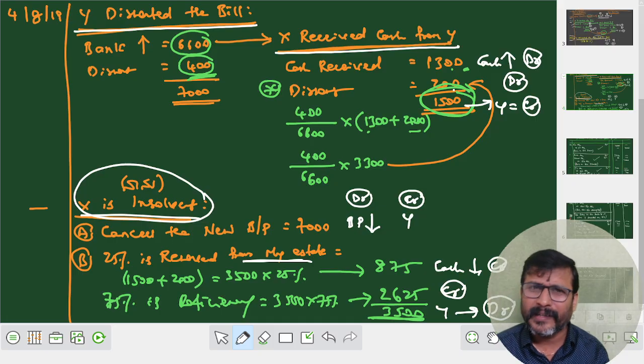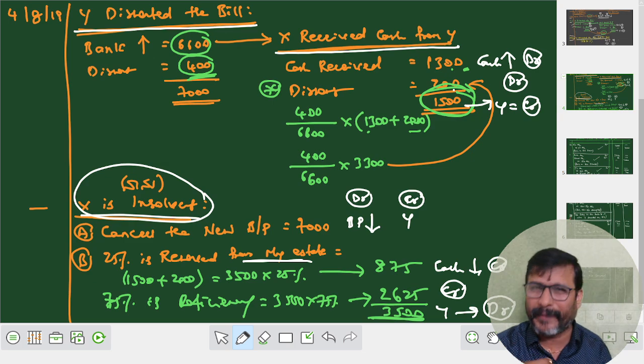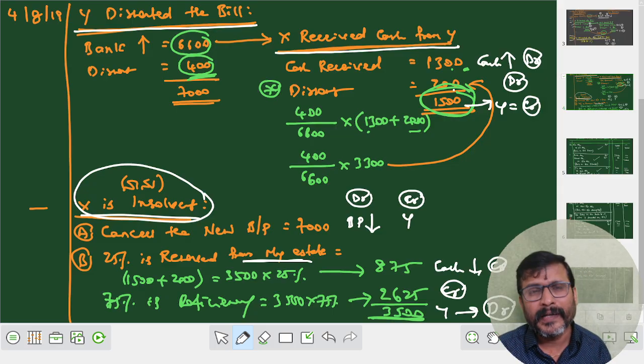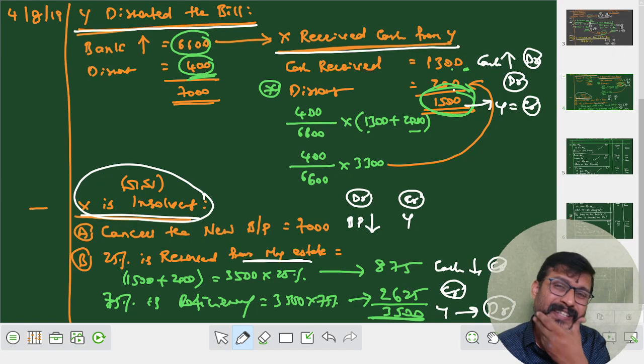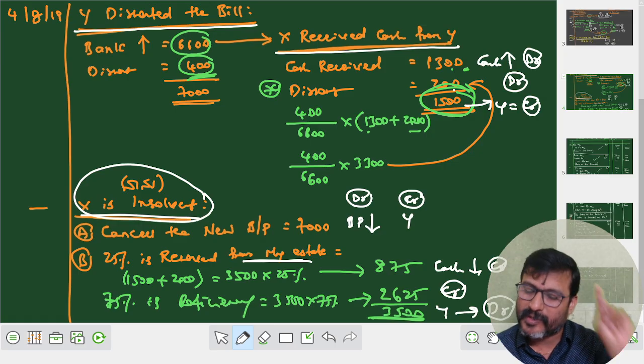Please remember, here I become insolvent. When I become insolvent, Y will recover the money from my private estate. So my cash balance decreases, credit, deficiency is to be credited. Who is to be debited? This is recovered by whom? Recovered by Y. So Y is to be debited.